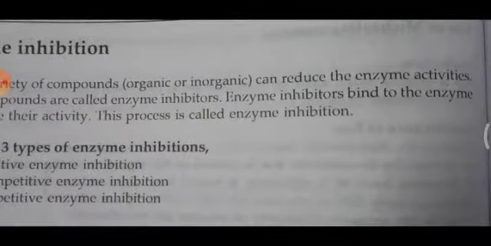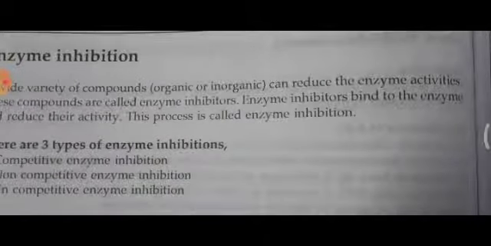A wide variety of compounds, which may be organic or inorganic, can reduce enzyme activities, and these compounds are called enzyme inhibitors. They bind to the enzyme and thereby inhibit or stop its activity.